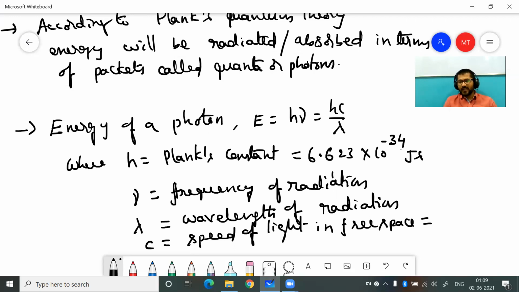Its value is 3 into 10 to the power 8 meters per second. It is a constant. You have to remember this value and Planck's constant value also.